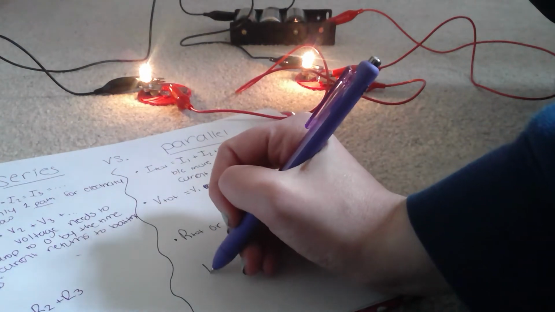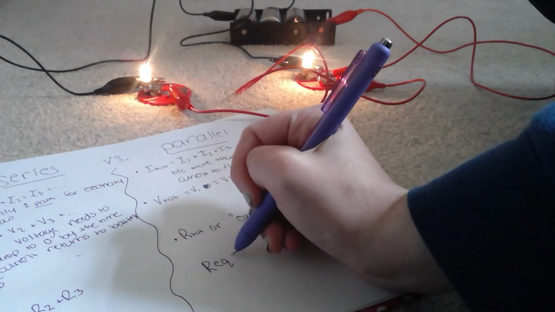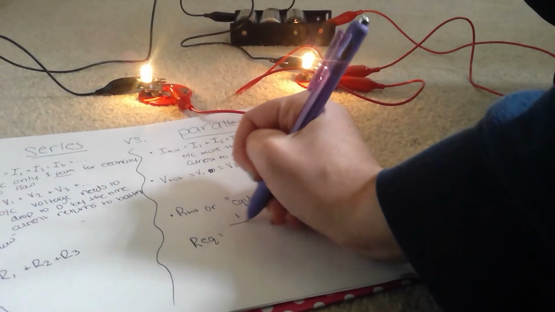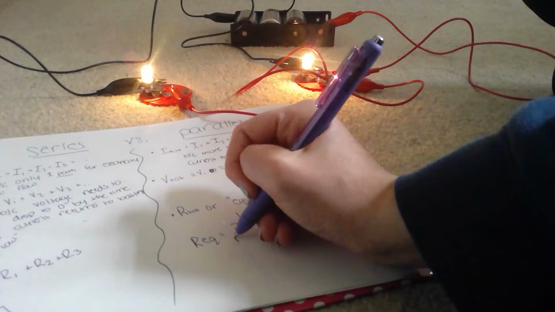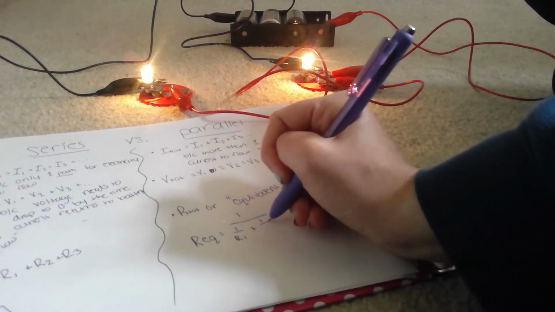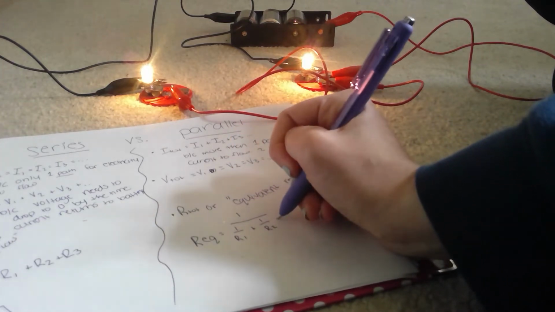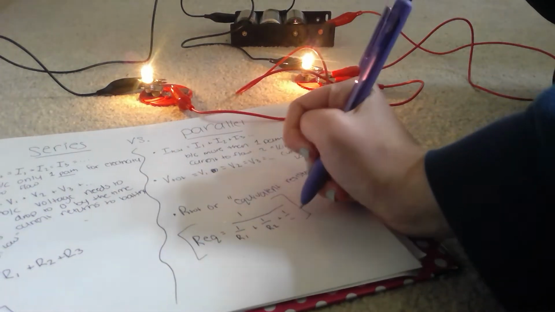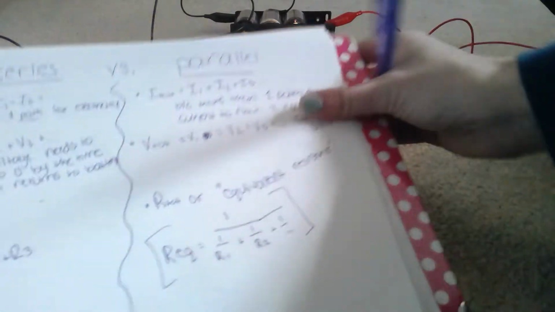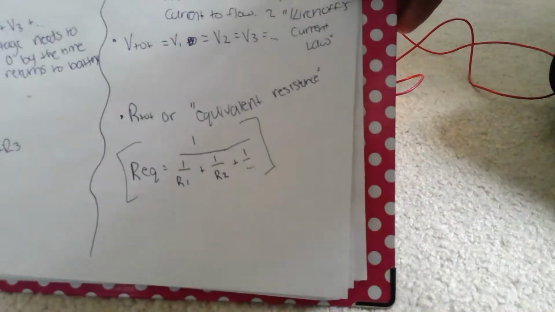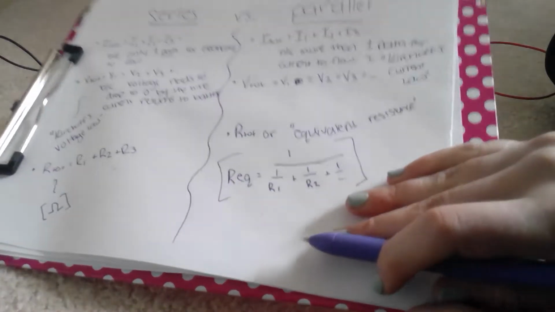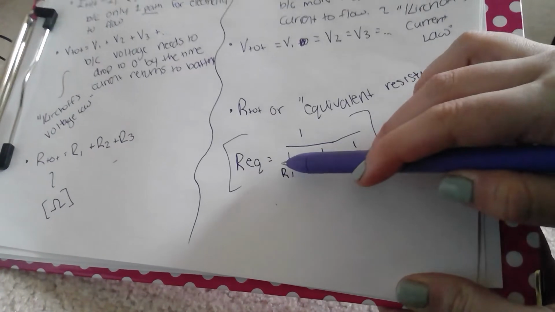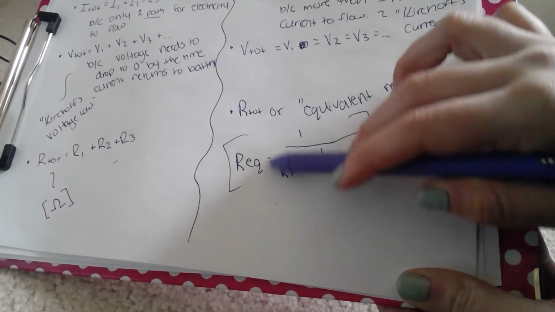If we look at the equation for calculating equivalent resistance, R_eq, aka total resistance, the equation is 1 over R1 plus 1 over R2 plus 1 over ... If you have more than two resistors, that's where you'd fill in the ... So what this means is that as you increase R1, this term is going to be small, which means that this whole thing is going to be even smaller.